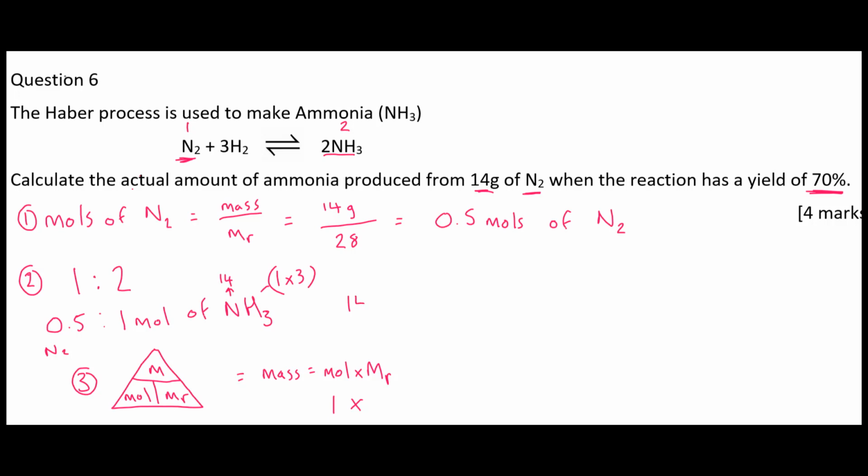So it becomes 14 plus 3, which is 17. So the mR of ammonia is 17, which means that 1 mole of ammonia has a mass of 17 grams. So this would get us 3 of the 4 marks so far.